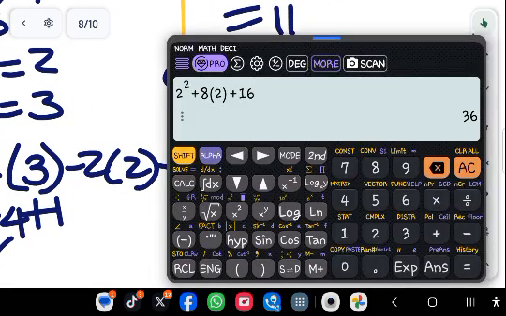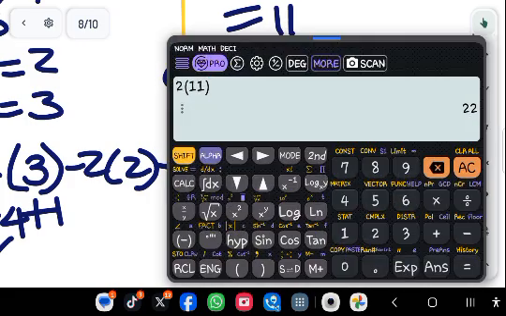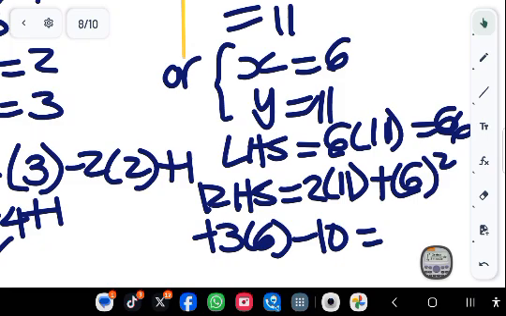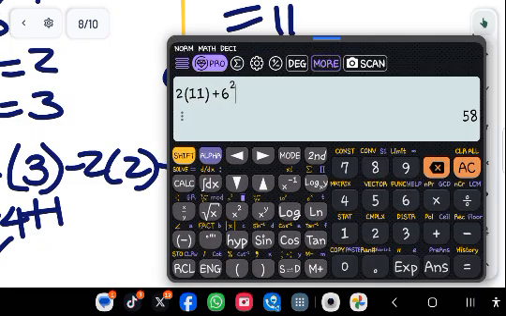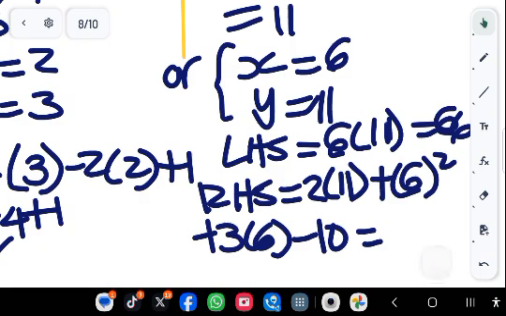So on the calculator: 2 times 11 plus 6 squared, plus 3 times 6, minus 10.